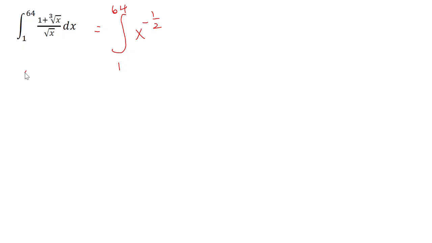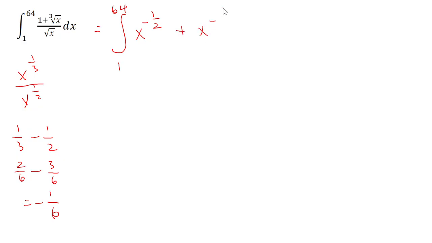That's x to the 1/3 over x to the 1/2. Well, that means I need to subtract the exponents. And 1/3 minus 1/2, if we get a common denominator there, that's 2/6 minus 3/6, which would be negative 1/6. So that's x to the negative 1/6. So x to the negative 1/2 plus x to the negative 1/6 dx.